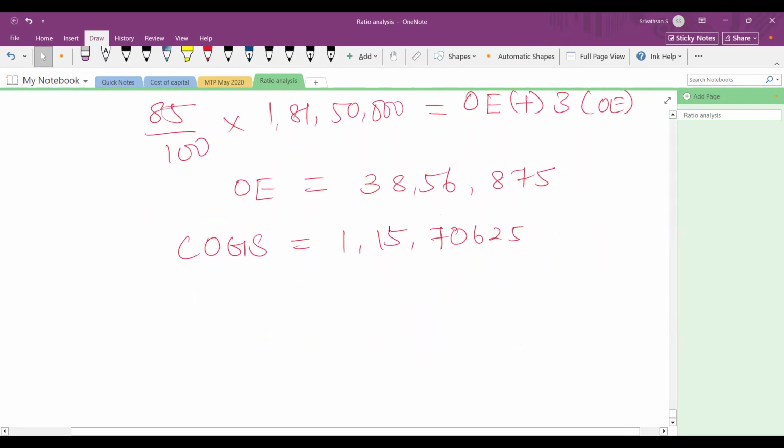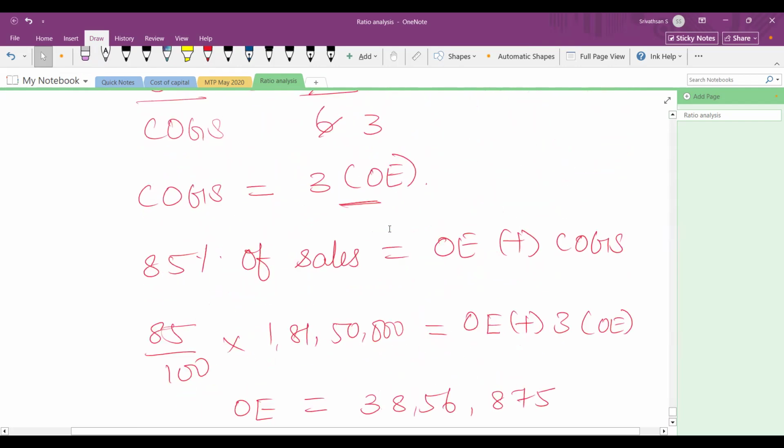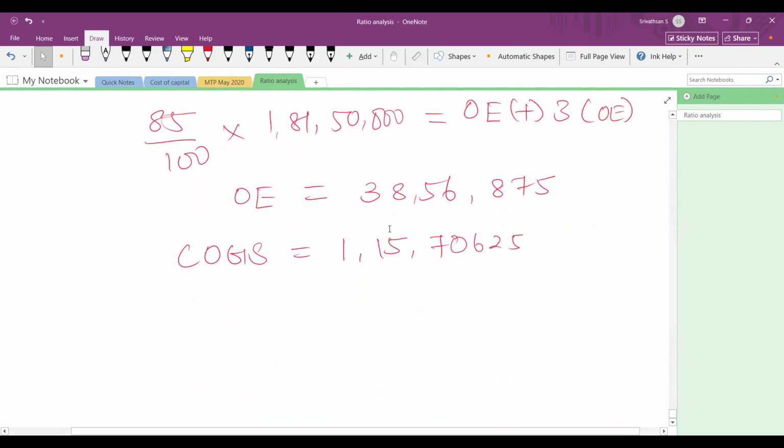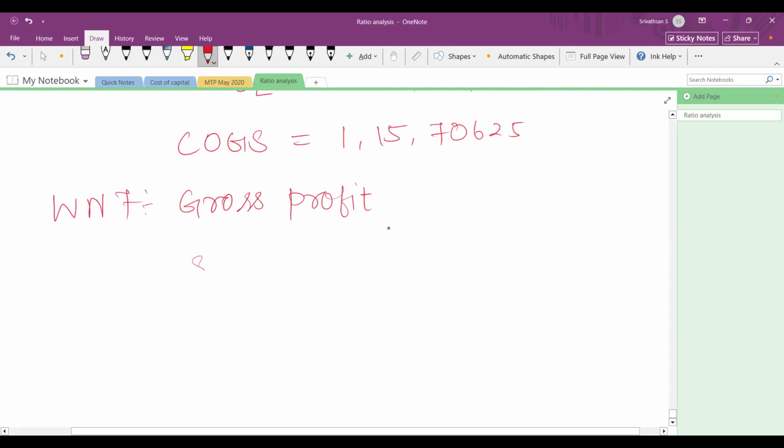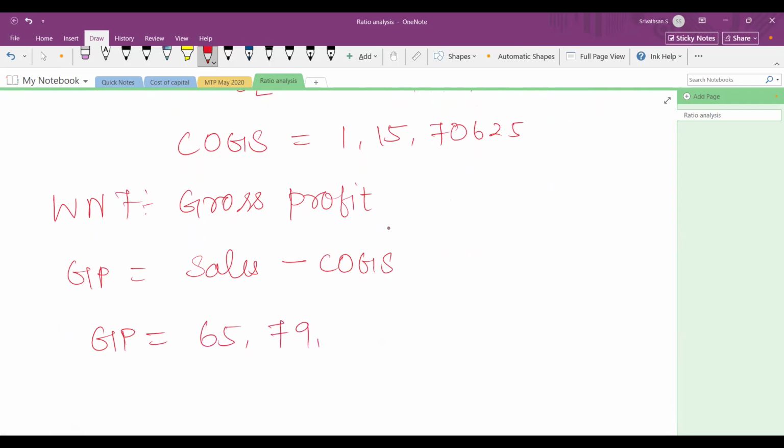So till this point, everyone understood? Clear? Now, working note number 6, calculation of gross profit. Gross profit is equal to sales minus COGS. So what is the gross profit that we get? 65 lakh 79,000?